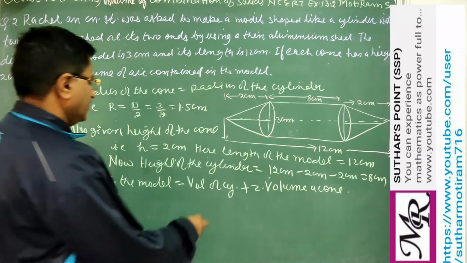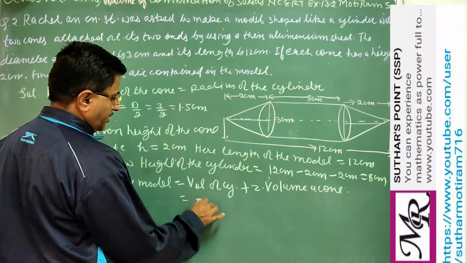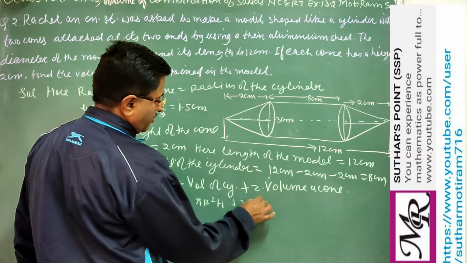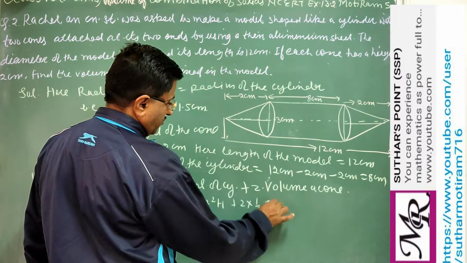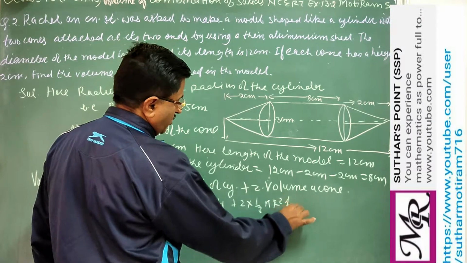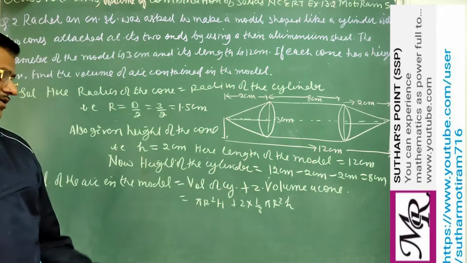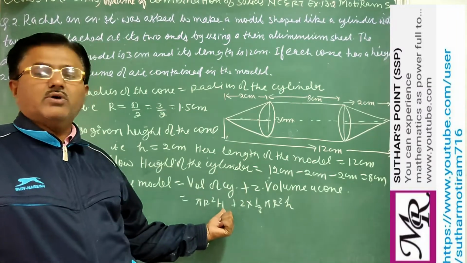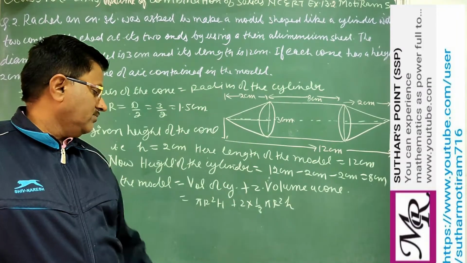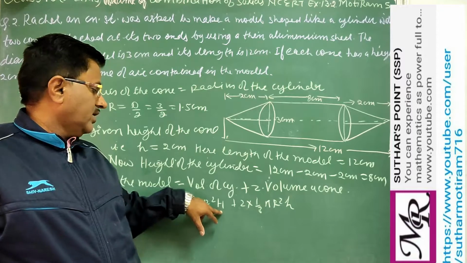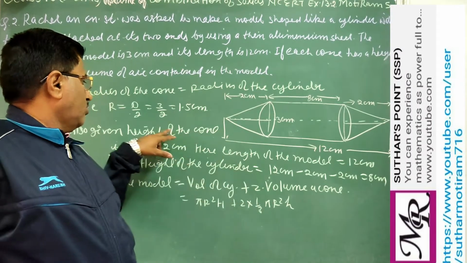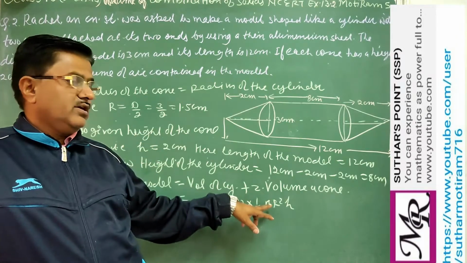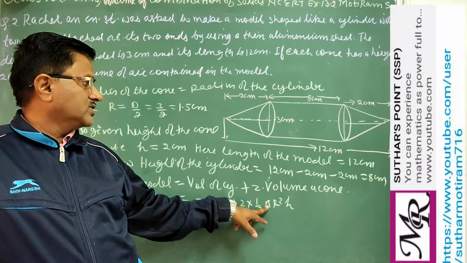So formula we know the volume for cylinder pi r square H, and volume of a cone 1 by 3 pi r square small h, because here h is different.